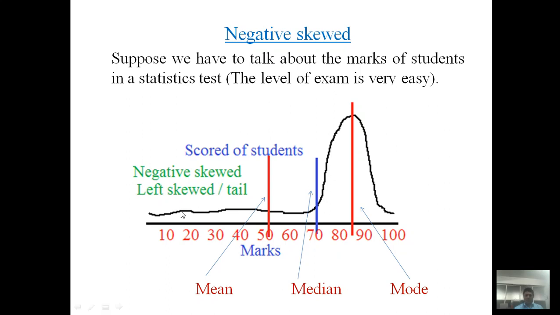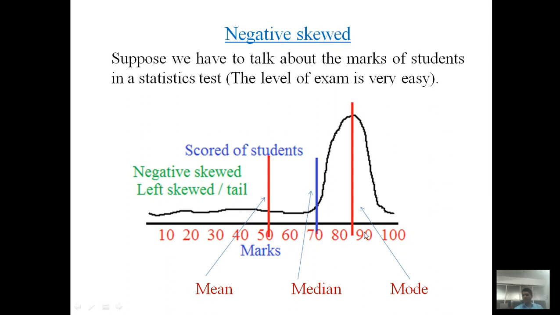Now you see the same situation in the frequency distribution. There are very few students who got 10 marks. Similarly, very few students got 20 marks, and up to 60 there are few students. Now, there are maximum students between 80 and 90.